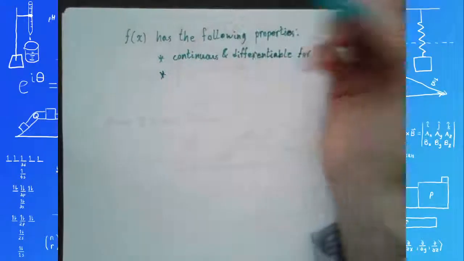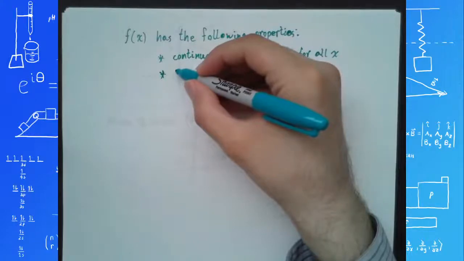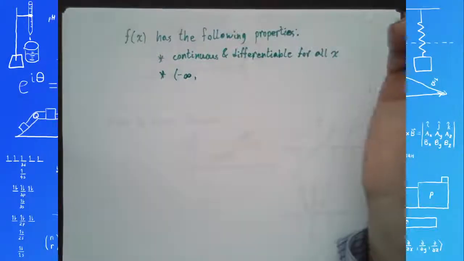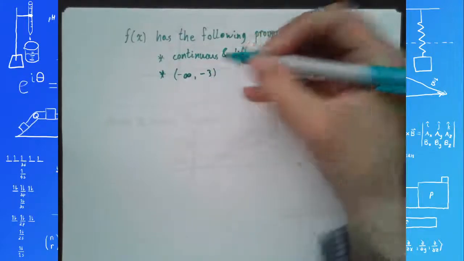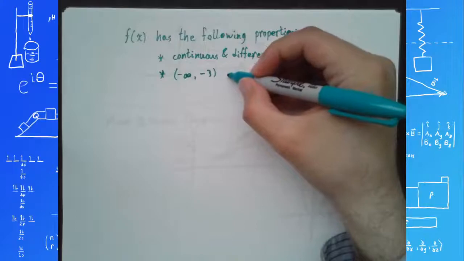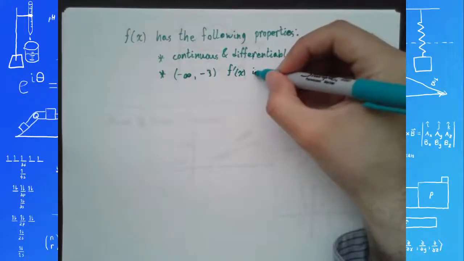It'll also tell you that from negative infinity to, say, negative 3, f prime of x is positive.